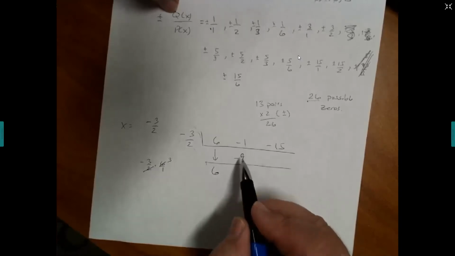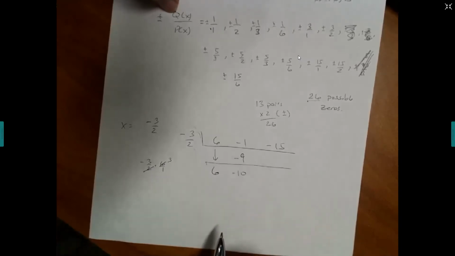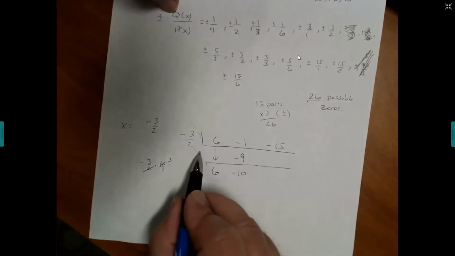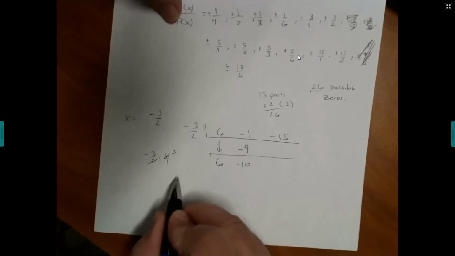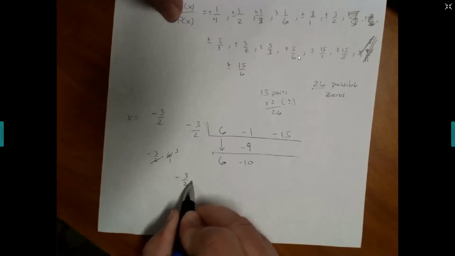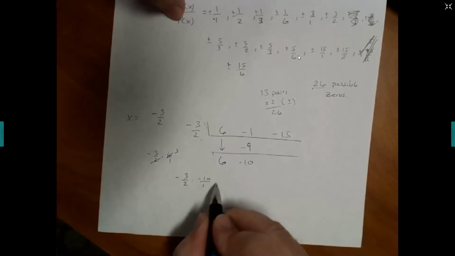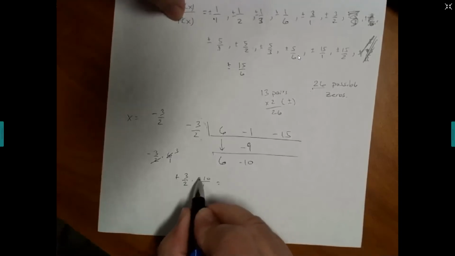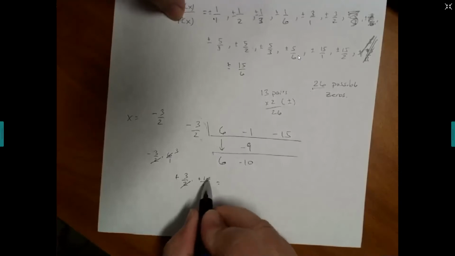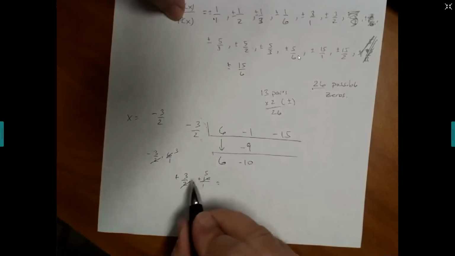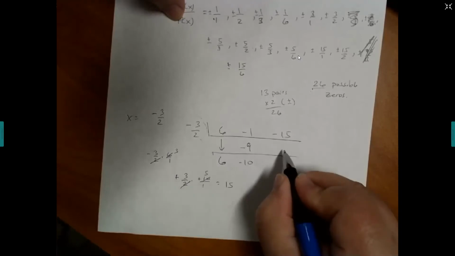And add -1, -9 is -10. Multiply. -3/2 times -10. The negatives cancel. The 2 and the 10 cancel. 3 times 5 is 15.